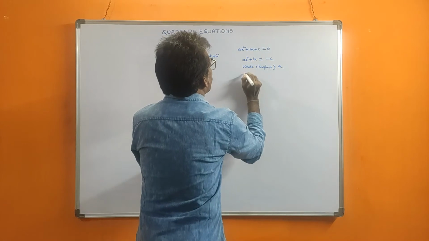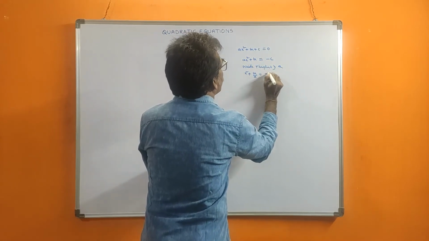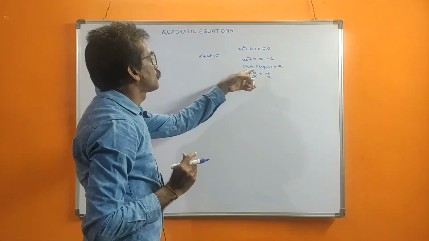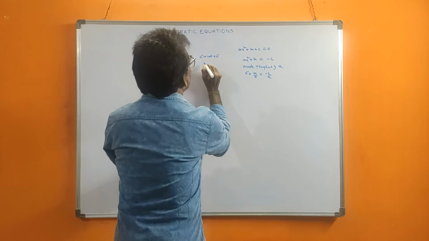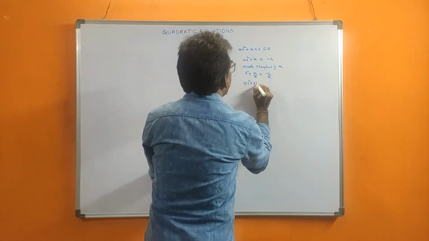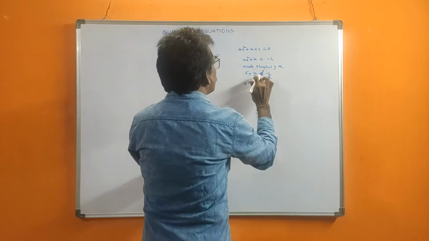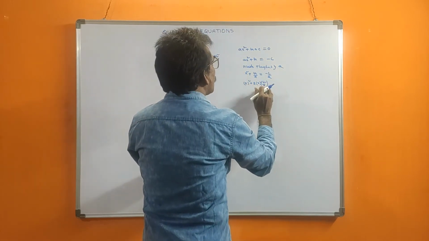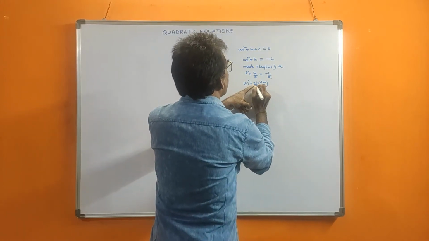So ax square by a is x square plus bx by a is equal to minus c by a. Okay, dividing throughout by a. Now see, you write this as x square plus 2 into x. What is the b term? b by a is there. See, 2ab. But here if you write like this, what is there?